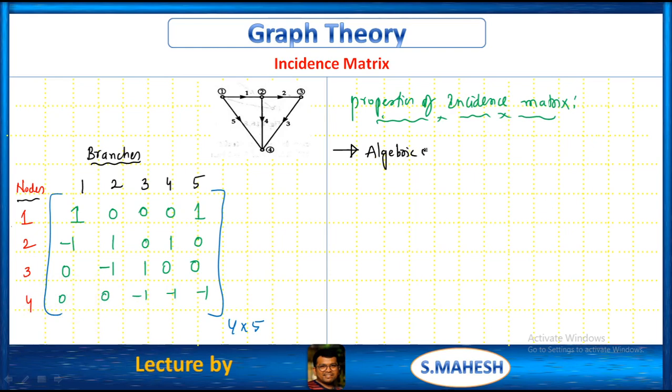The algebraic sum of the column entries of an incidence matrix is 0.